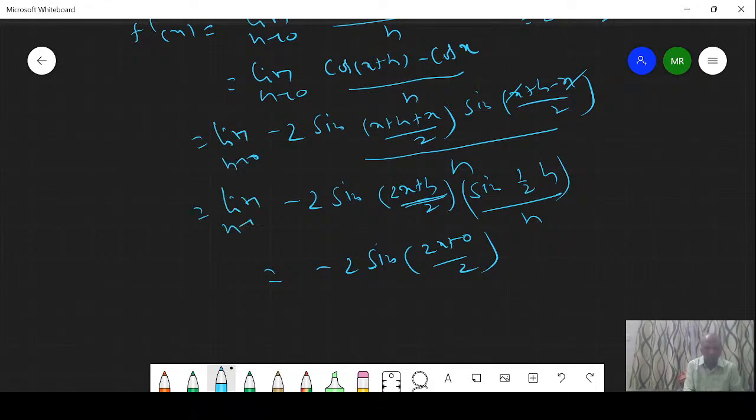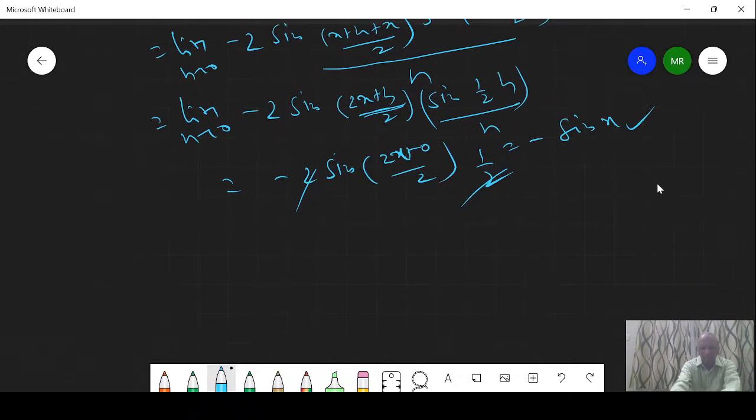Limit h tends to 0 of sin(h/2) by h will be 1 by 2. So the 2 will get cancelled. You will get minus sin(2x/2), which is x, so minus sin x.